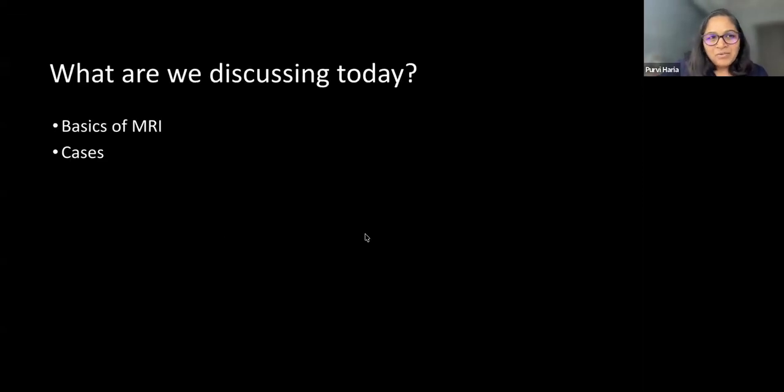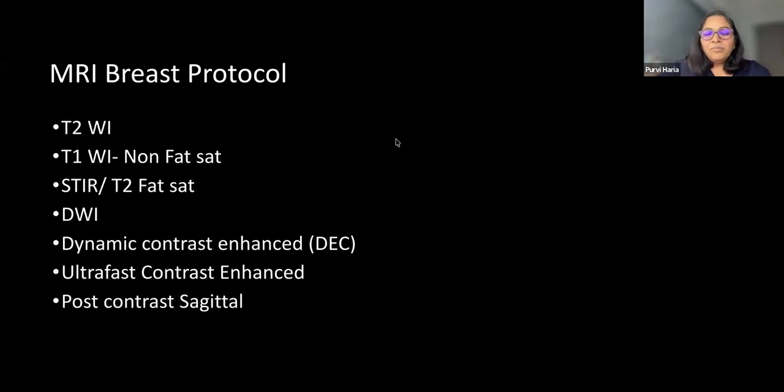What we are discussing today is the basics of MR, including the newer BI-RADS and how we report with it, and we'll see some cases at the end. Before we start, what is a basic breast MR protocol?